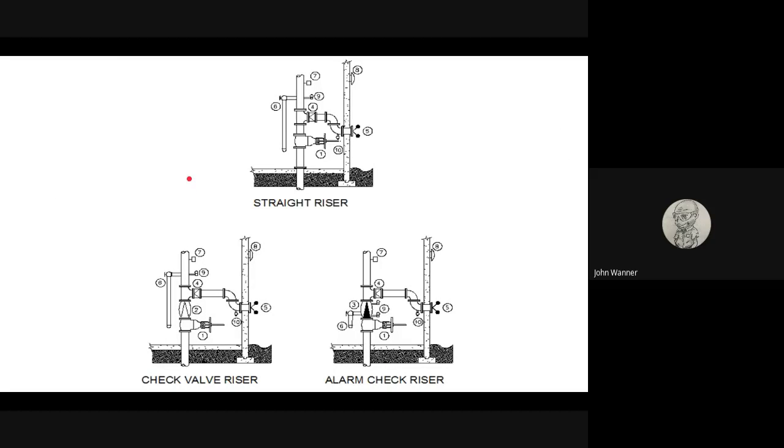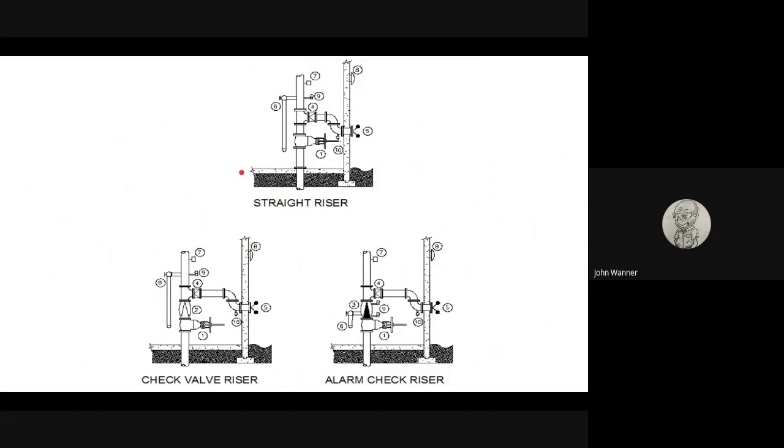Now, in the fire suppression, this is for there particularly, but you'll see a detailed drawing. You see these in plumbing too. You see this in carpentry, you see it in all of them, where it blows up a little section to give you some more detail on how something's put together. And you start here with the riser diagram going straight up. And this is a straight riser, a check valve riser, an alarm riser. And here, the only difference is right here above this valve number 1, this little section right here changes.